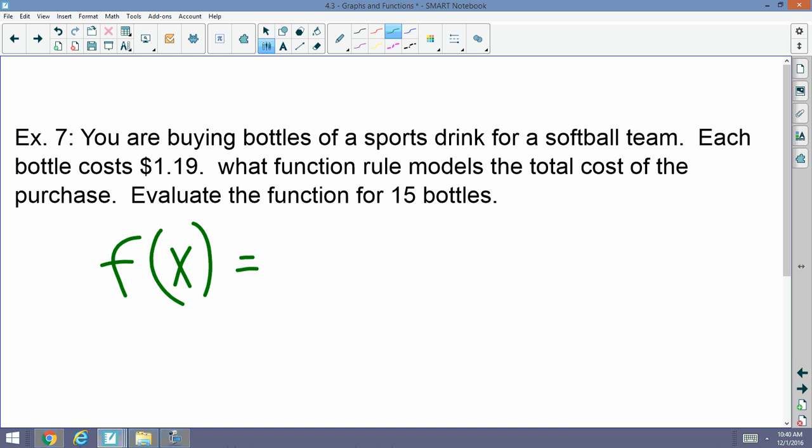This is function f. If it was g of x, it'd be function g. The f is just the name of the function. What is x here? No, you can replace it with 15, but what does x stand for? The independent variable.